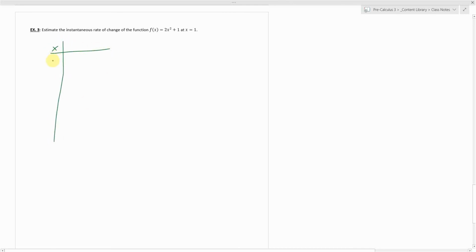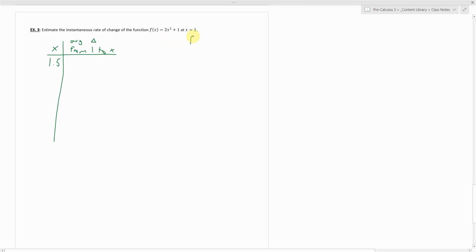As x gets close to 1, maybe starting at 1.5, what we want to do is find the average rate of change from 1 to 1.5. Again, rate of change just means slope. So I'll put on the left column we're going to plug in x values, and this right column is going to be the average rate of change from 1 to x. So let's actually see what that would be.